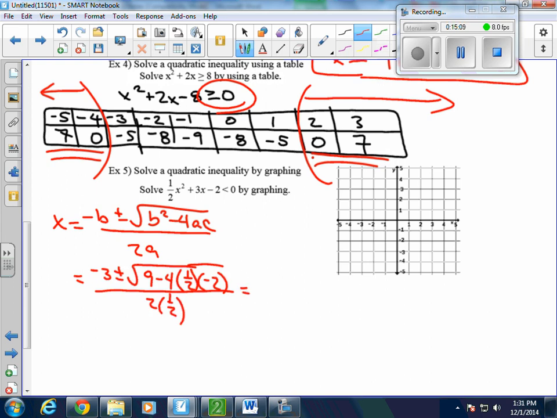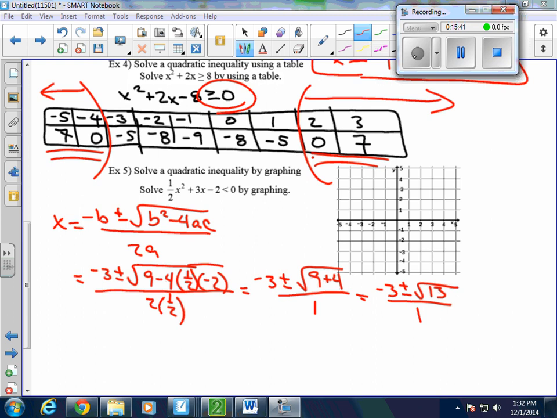If we do that, we get negative 3 plus or minus the square root of 9 minus, 4 times a half is 2, 2 times negative 2 is negative 4, so it's going to be 9 plus 4, over 1. That gives us negative 3 plus or minus the square root of 13 over 1.